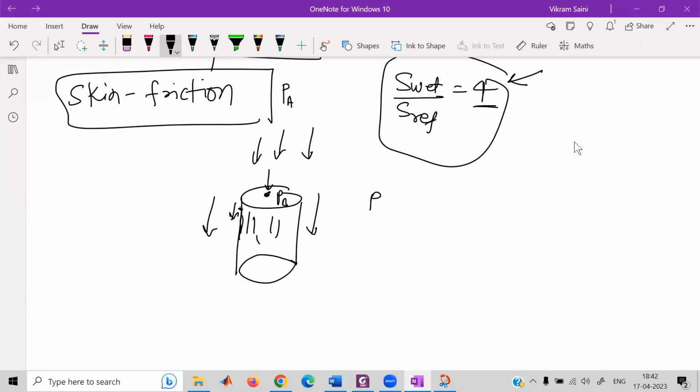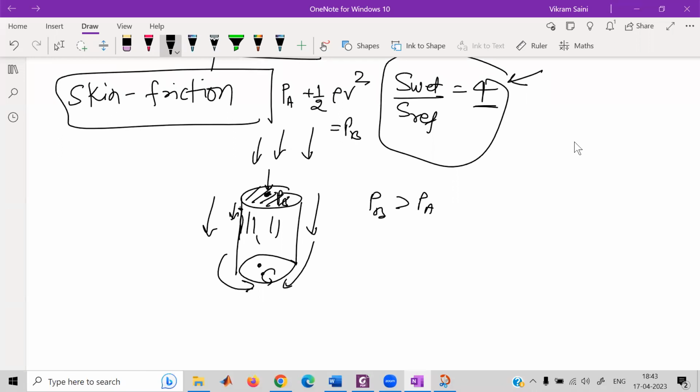So PB is higher than PA because PA has some velocity component also. Now, this pressure is higher than the pressure here because there is a wake, and the wake of this cylinder or aircraft or anything has less pressure. There will be some vortices moving here and there in this region, so pressure is low in this region.